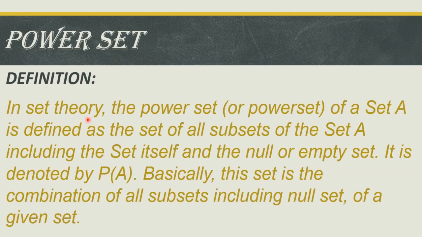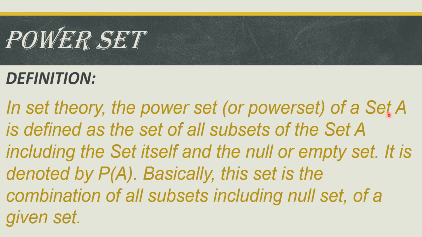In set theory, the power set of a set A is defined as the set of all subsets of the set A, including the set itself and the null set or empty set. It is denoted by P in a bracket A. In the bracket we write the name of the set.